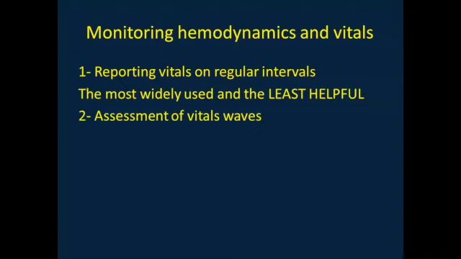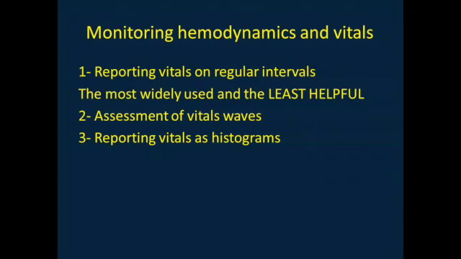Or assessment of vital waves, like heart rate variability or blood pressure as waves. Or reporting vitals as histograms. So histograms will give you an idea about the calculated percentage of the different ranges of heart rate, blood pressure over the 24 hours or a specific time.